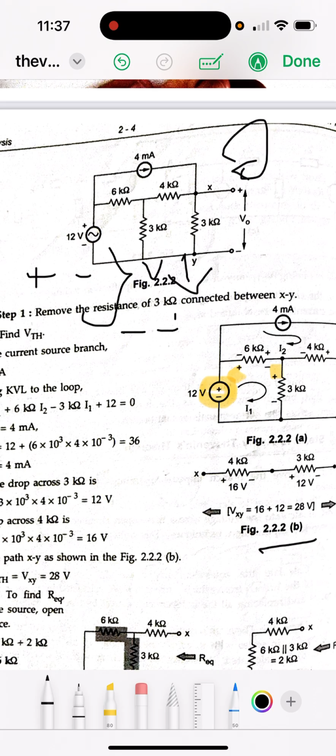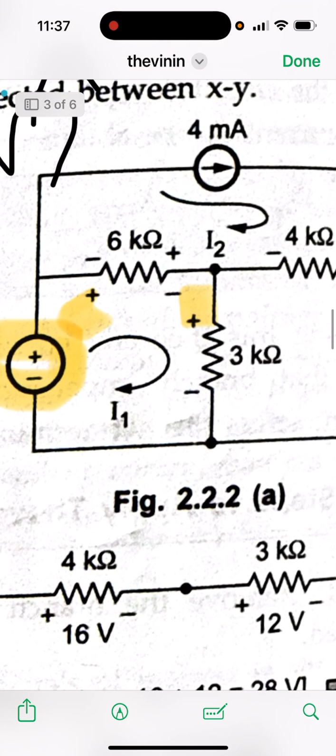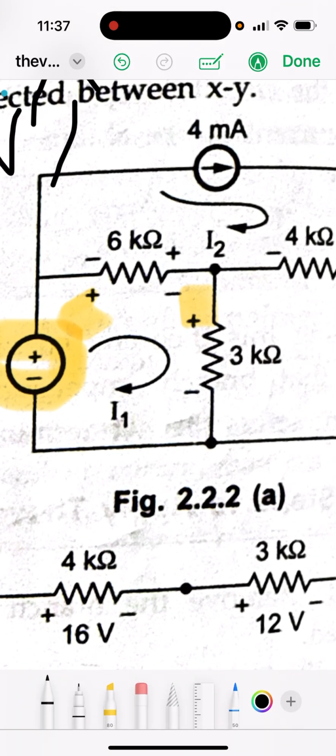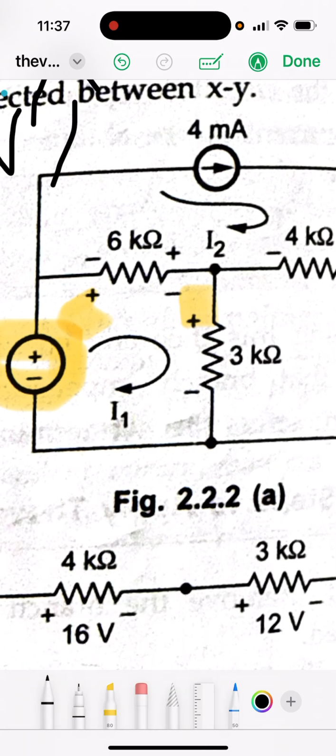Minus to plus is voltage rise. So while applying KVL, I have to consider the plus and minus. Just see here, this plus and minus. Then again for the resistor it is plus, minus. That's all.